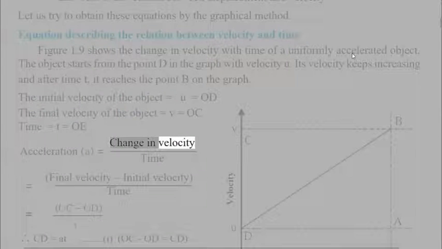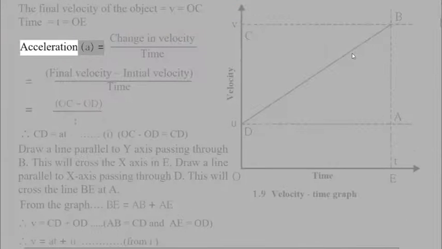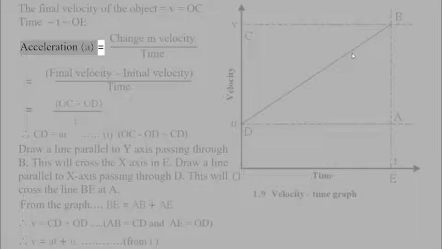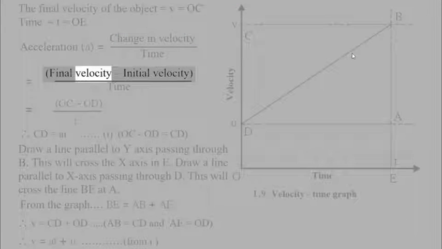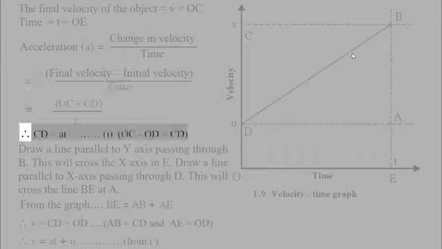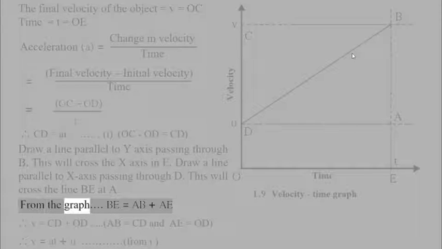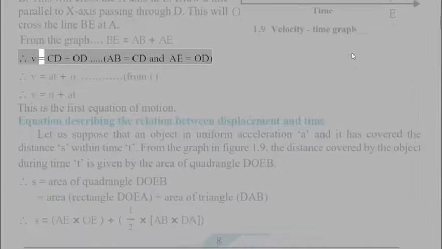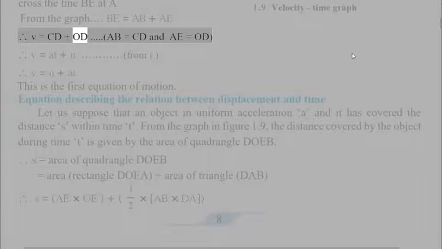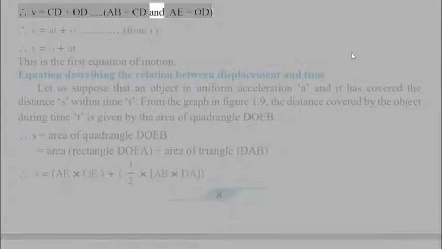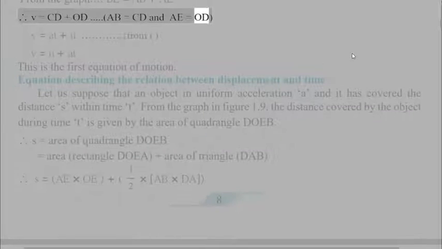Acceleration a equals change in velocity over time, equals (final velocity minus initial velocity) over time, equals (OC minus OD) over t, equals CD over t, so CD equals at. From the graph, v equals AB plus AE, so v equals CD plus OD, since AB equals CD and AE equals OD.